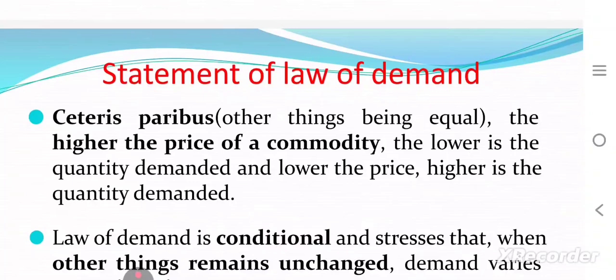The main important word in this statement is ceteris paribus. Ceteris paribus means other things being equal. For example, the higher the price of the commodity, the lower the quantity demanded, and the lower the price, the higher the quantity demanded.